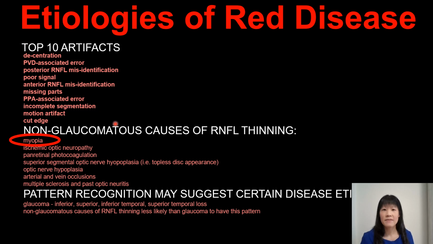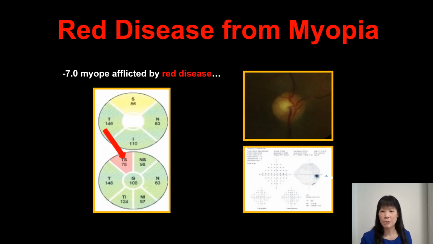Aside from the top 10 artifacts, you can also have non-glaucomatous causes of RNFL thinning. I call out this one because aside from other diseases like optic nerve diseases or retinal diseases that cause RNFL thinning, one of the most common referrals that I get for RNFL thinning is myopia. So meaning your patient is otherwise clinically normal, 20/20, normal visual field, normal pressure, but they only have myopia, meaning there's a -7 myope.